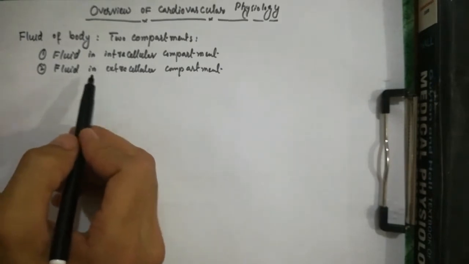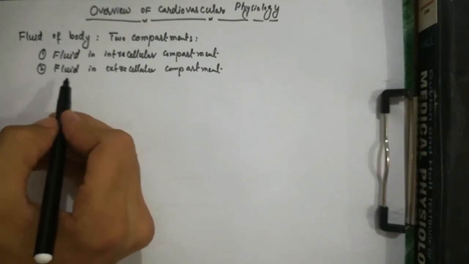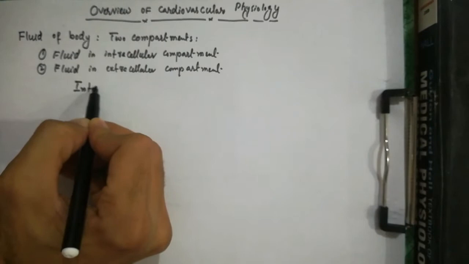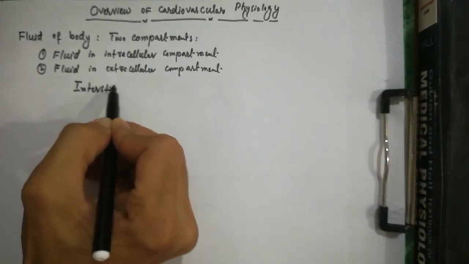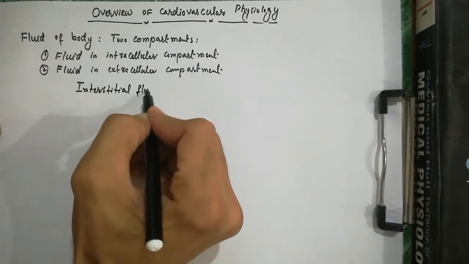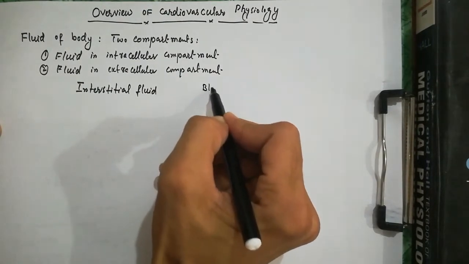Extracellular fluid is divided into two: interstitial fluid and blood plasma.